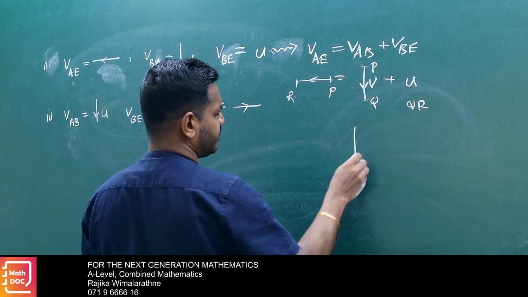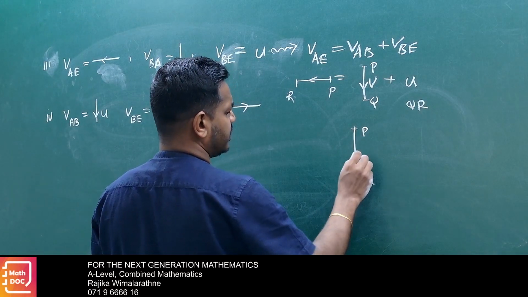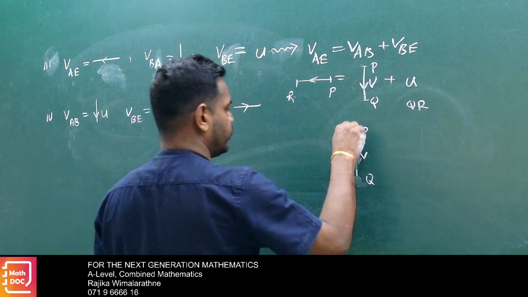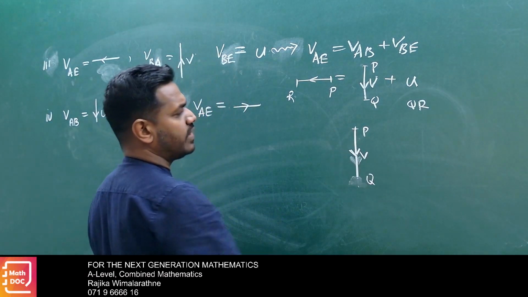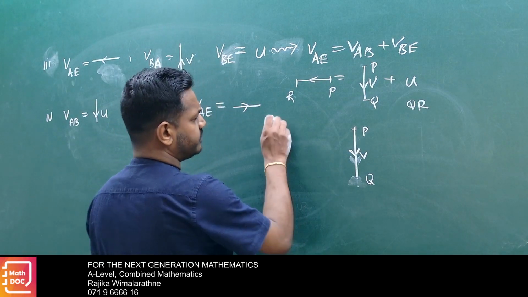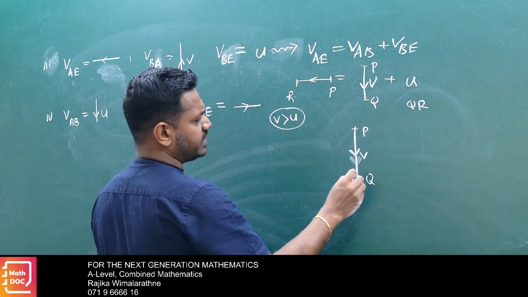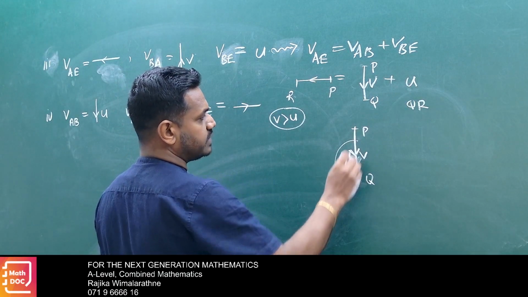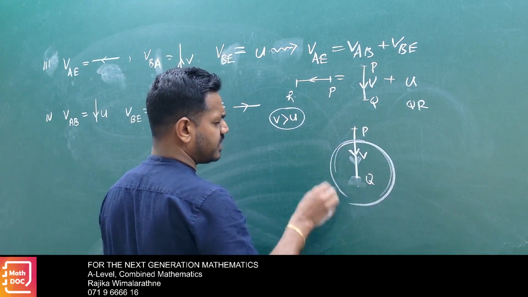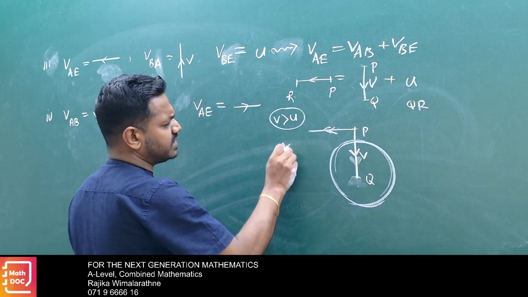Sketch PQ, here P, Q, magnitude V. Then QR vector U, you take the V greater than U case. First V greater than U. Then here V value is greater than U, QR magnitude U, no? Then here the circle. Then PR, here it is. No such motion, no? No motion like that.